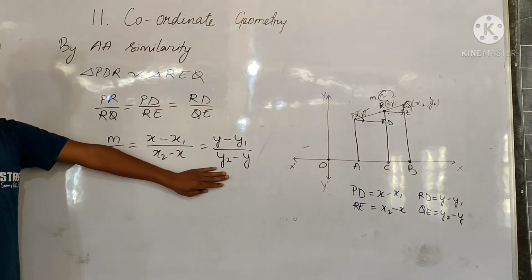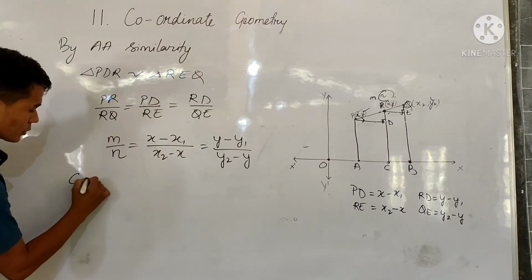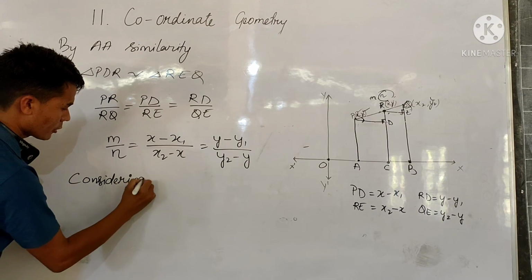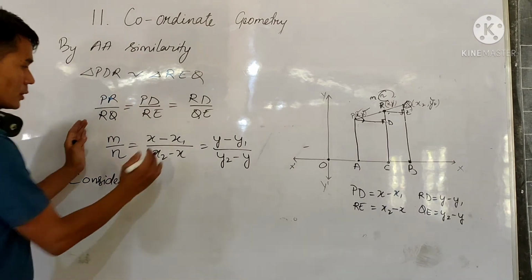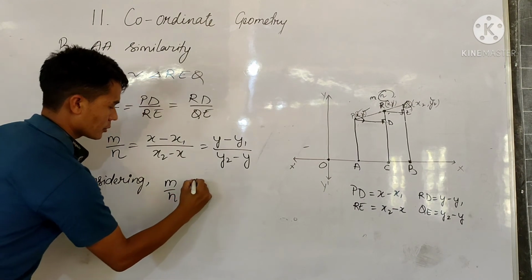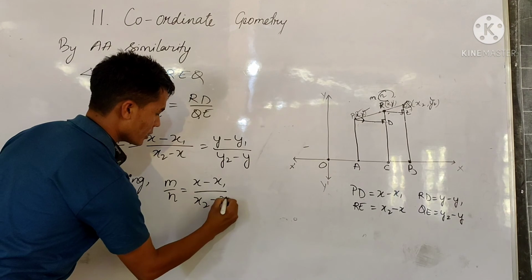So after this, considering the first part, these two: m by n is equal to x minus x1 by x2 minus x.